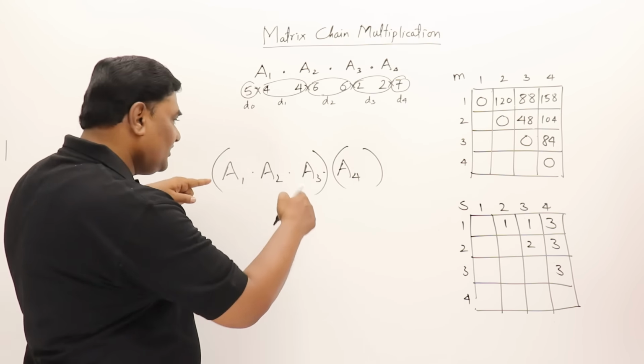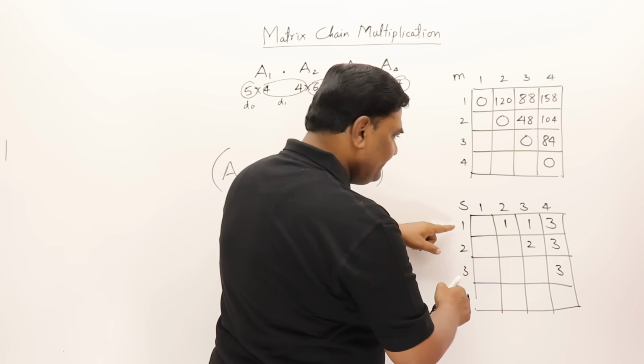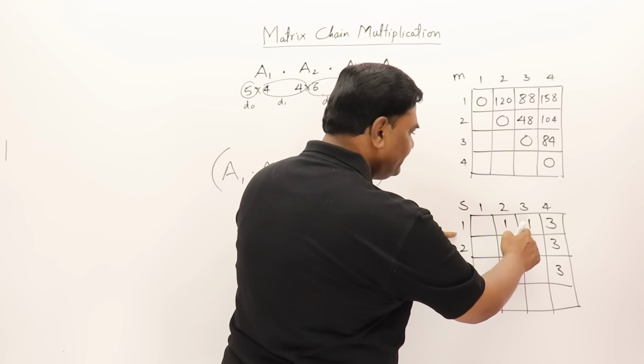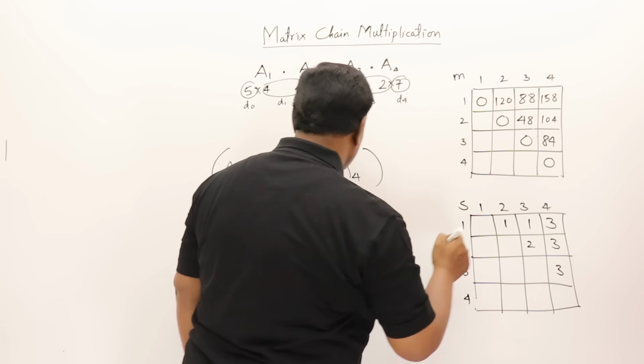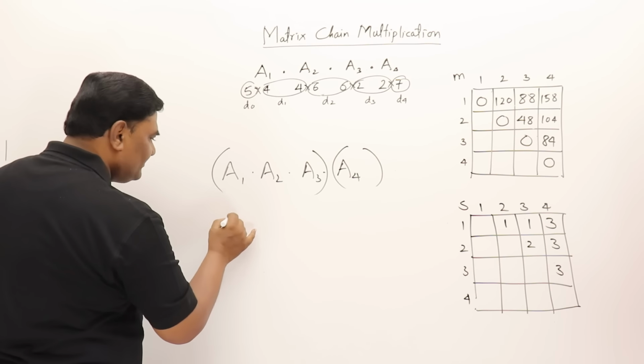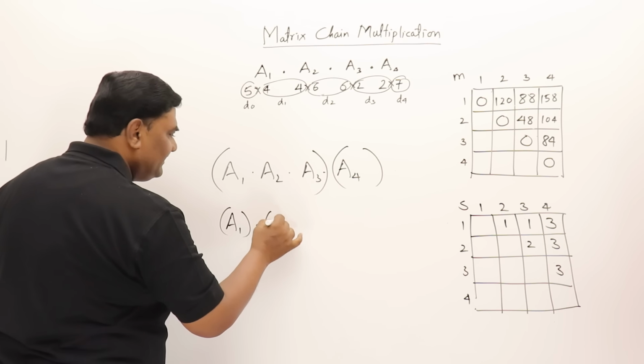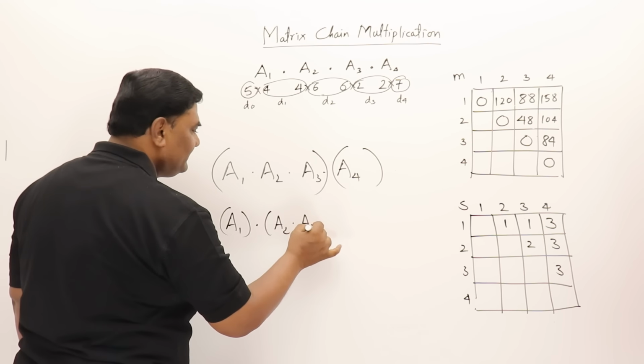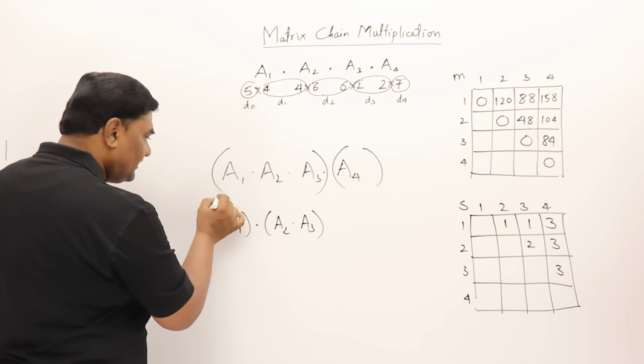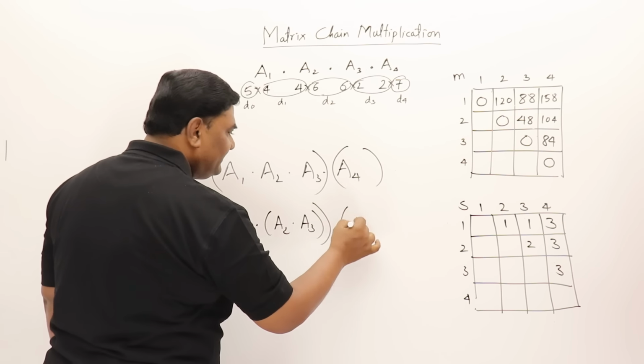Right? Now what about 1 to 3? If I check 1 to 3, it is 1. 1 to 3 is giving 1. So A1 this side. Then what is remaining on that side? A2 and A3. Then the outer bracket was already there. Then A4.